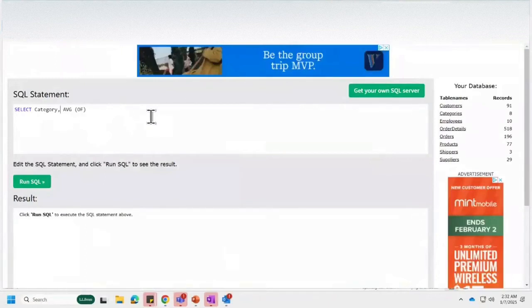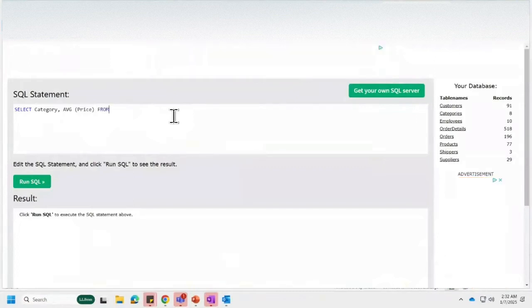Okay, now average. Okay, average, and in the parentheses you write price. Average of price from product.